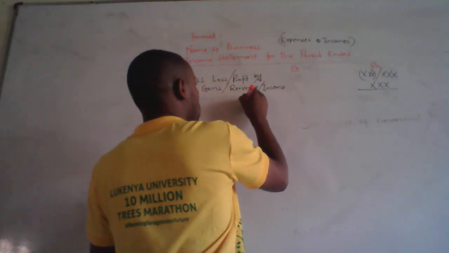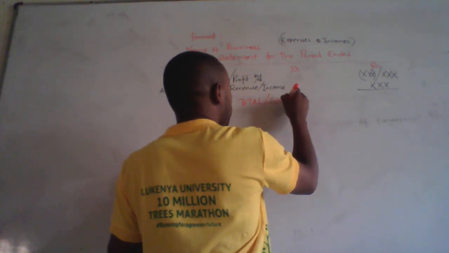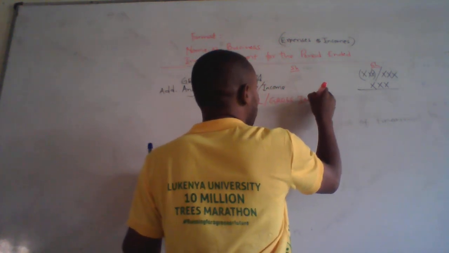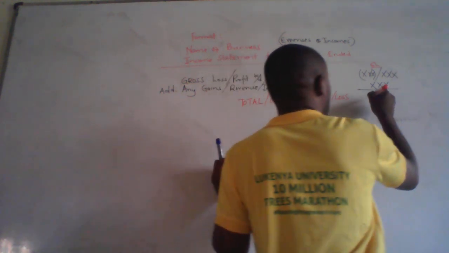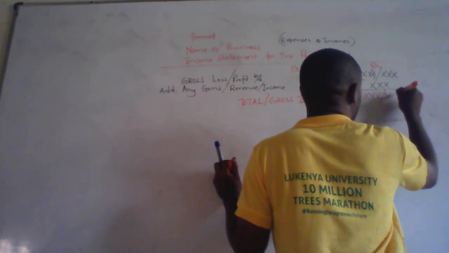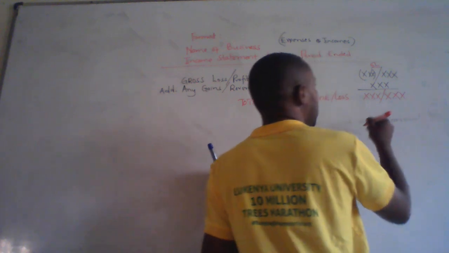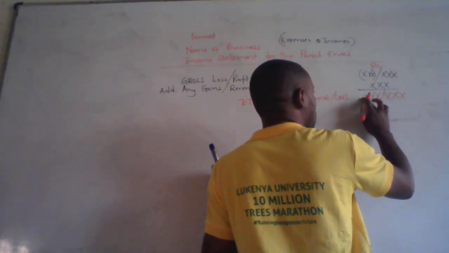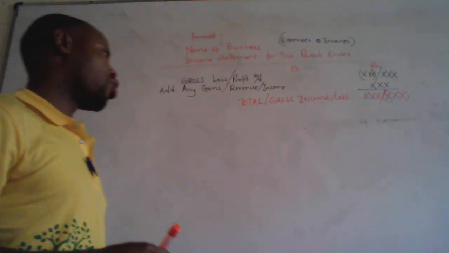So the total or gross income or loss that you arrive at here, you may either get an income or a loss. If it is a gain or an income, it is always left open, and if it is a loss, you always put it into brackets.